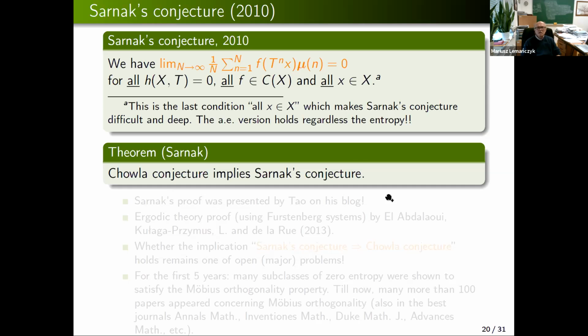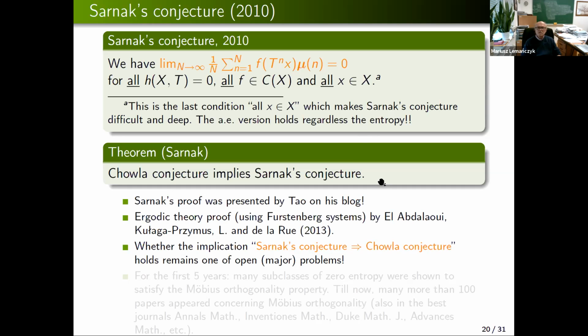By formulating this, he somehow forced people, because many people tried to prove Sarnak's conjecture. Even if you look at this implication, there was no proof in the original article by Sarnak. The proof was presented by Tao. Then, 3 years later, we gave a pure ergodic theory proof, as you might have expected. But in fact, this proof was already suggested by Sarnak, that such a proof should exist.